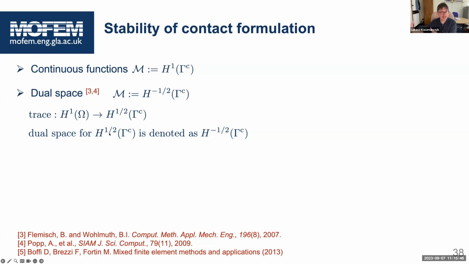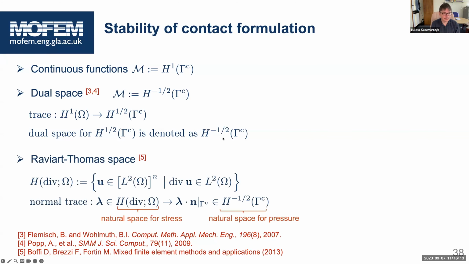So the gradient of the displacements works with stresses. The trace of stresses on the boundary works with the tractions and creates the work. Those things are dual. So the dual space for the fractional H1/2 space is the H minus 1/2 space.